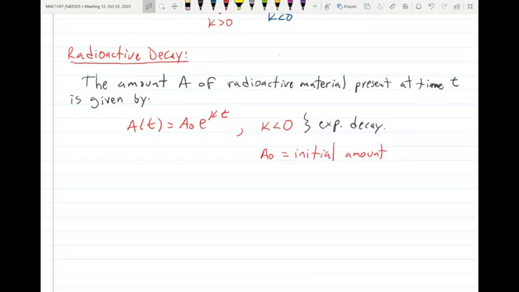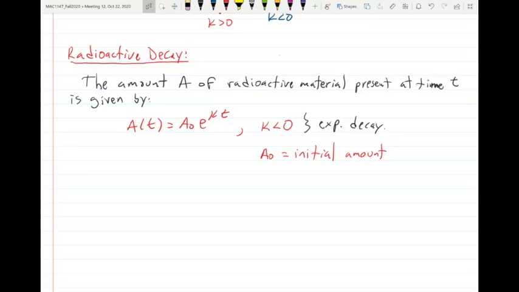Okay? So every radioactive quantity, every radioactive material, has a half-life, and there are tables that chemists and physicists have, approximated what the half-life is of those quantities. And what's the definition of half-life? Well, half-life, like the name suggests, is the time it takes for the quantity to reduce by a half.